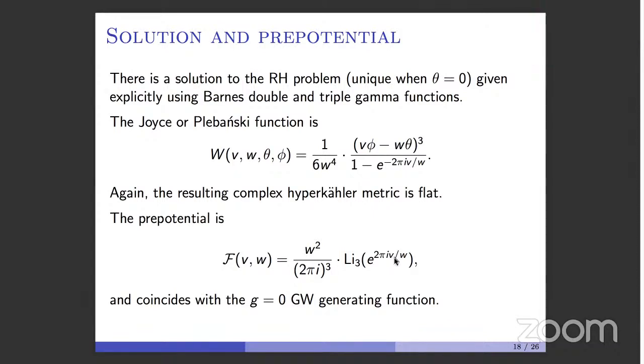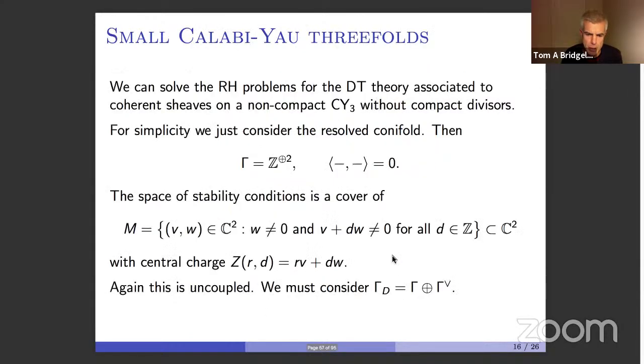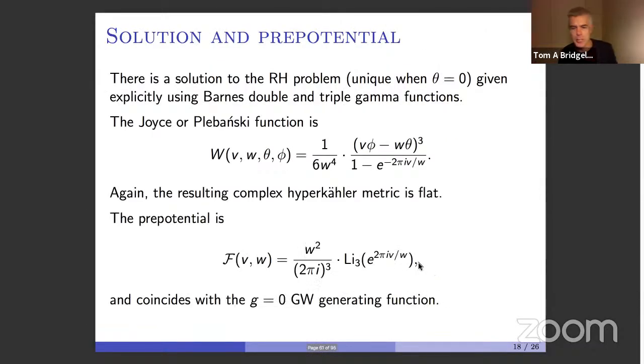So we could write it as w. I mean, you should probably just take w equals 1. Usually in the physics literature, you would just take w equals 1. Good. I hope you've seen it.